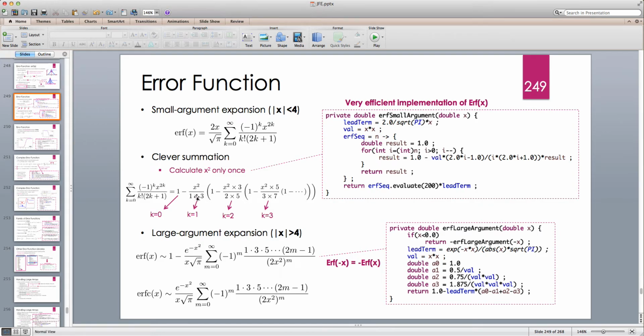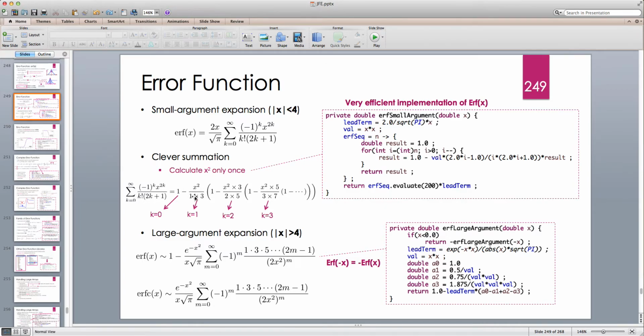So if I factor this out, k equal 1 becomes 1, and then k equal 2 becomes x to the 4th, but I already have factored out x to the 2. So I end up with x to 2, and then I have 2 factorial, which I already have factored out 1, so I end up with 2, and then 5, but because I have factored this whole term, there is a 3 in the denominator, so I have to add a 3 in the numerator.